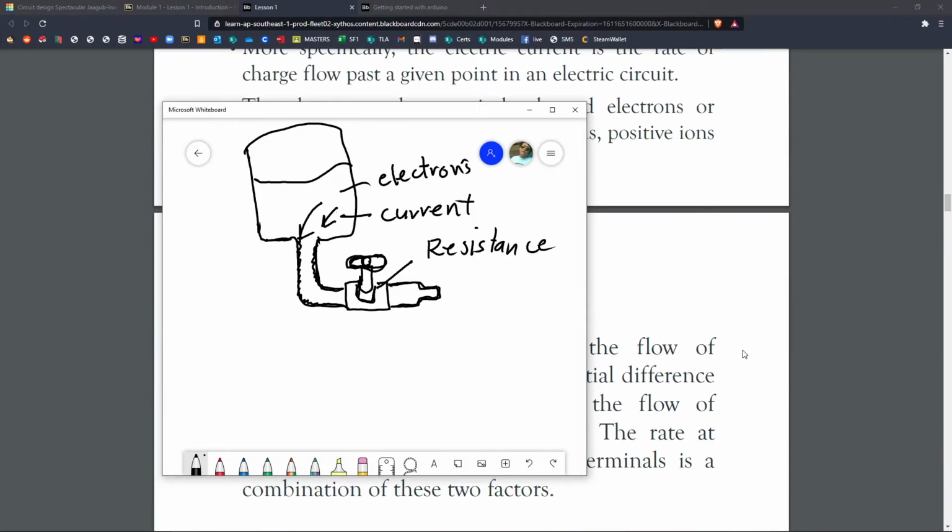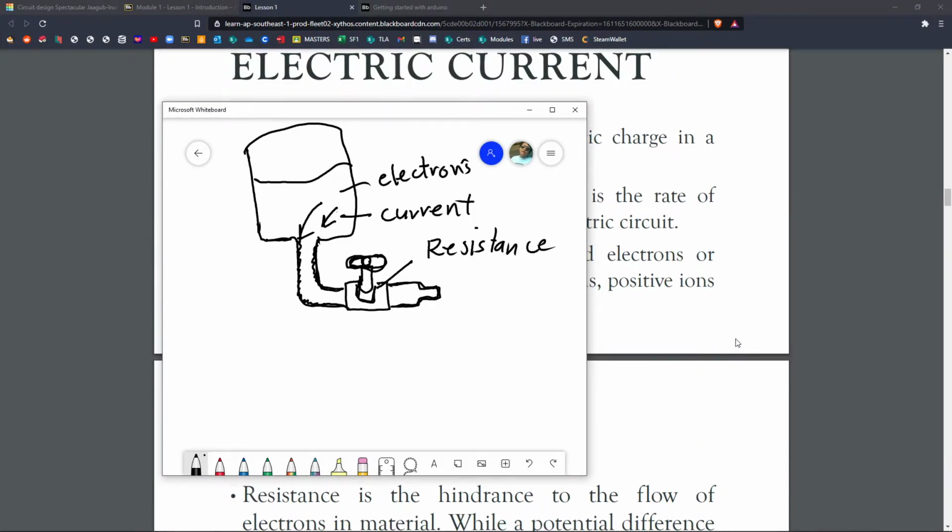It is the flow from one place to another. Again, this is the resistance. Also, if you notice, there is a change in the size of the nozzle here. We consider this one voltage.